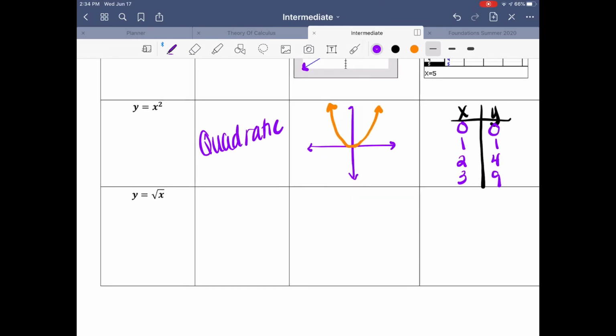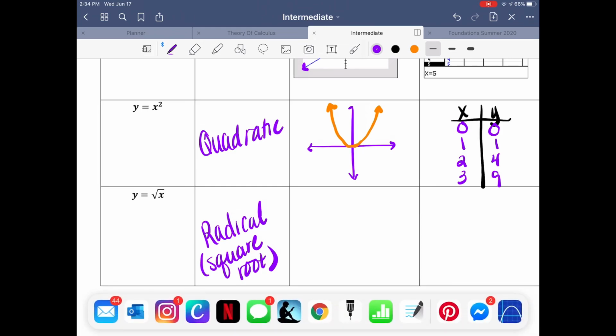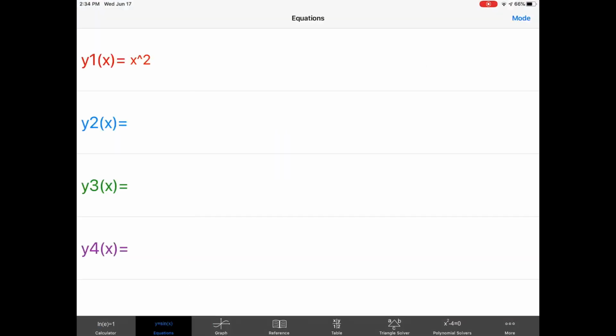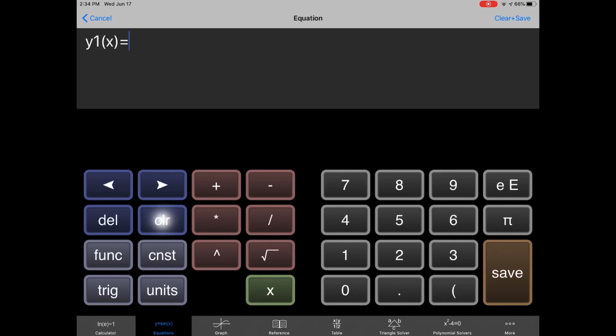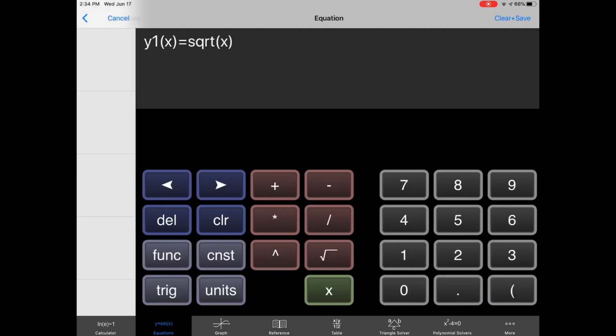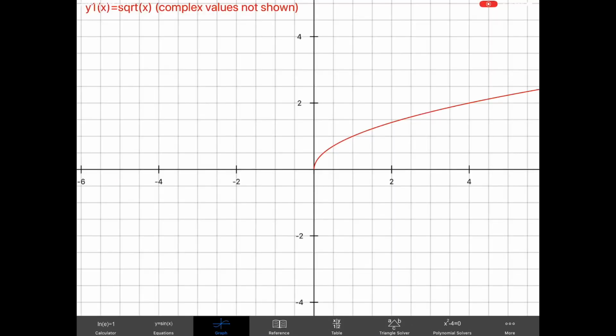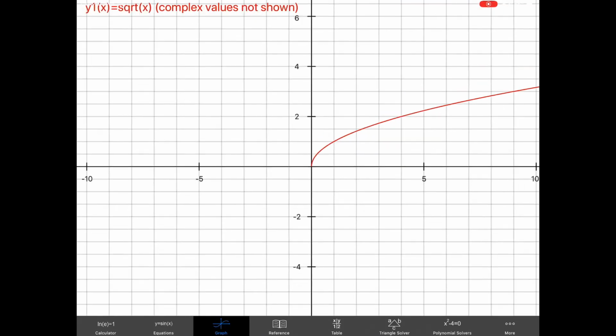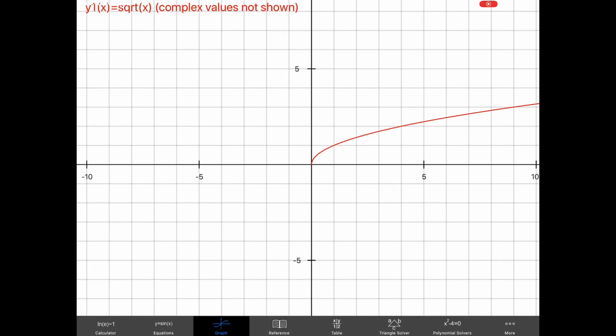This next one is called a radical or square root in this case. Square root of x. So if I go to my calculator app and I type in square root of x, save it, graph, you can see, I'm going to zoom out so you can see it better.